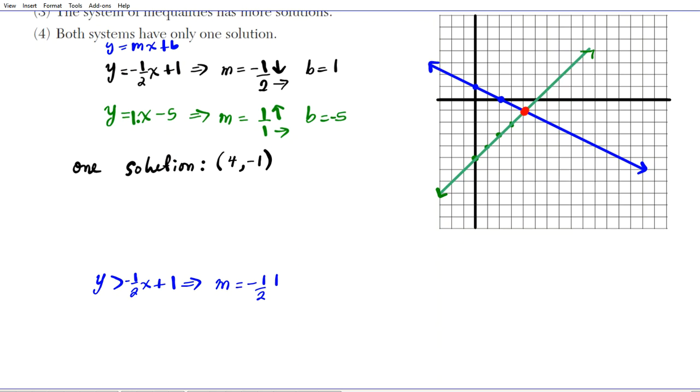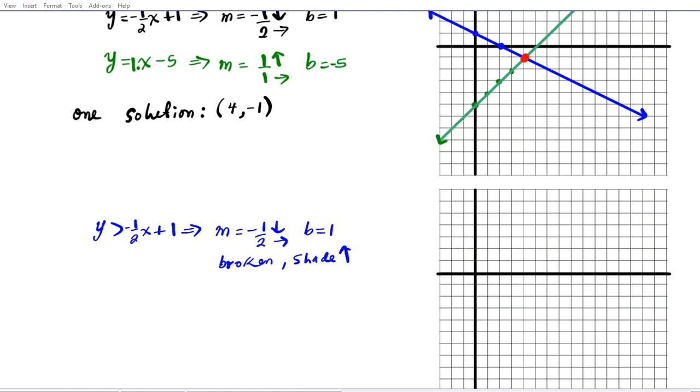So you're going to rise negative 1, which is down, and over 2. And your y-intercept is going to be 1. But in this case, because of this inequality, you're going to have a broken line, and you're going to shade the upward direction for greater. So let me go ahead and graph it. We have a point starting from 1, and then we're going to rise negative 1 and run 2.